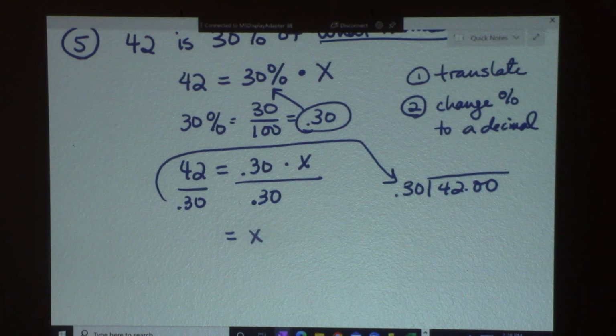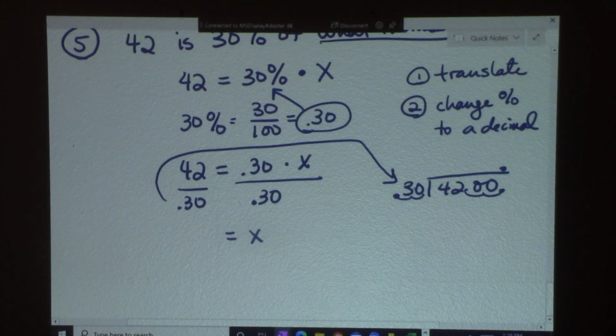Okay, when I have a decimal on the outside here, I have to move it over. I can't keep that decimal there with the divisor, and I can change that as long as I do that to the number inside. I hope you remember that. So the first thing I do when I have a decimal on the outside of my division problem is I move it so it's not really there anymore.